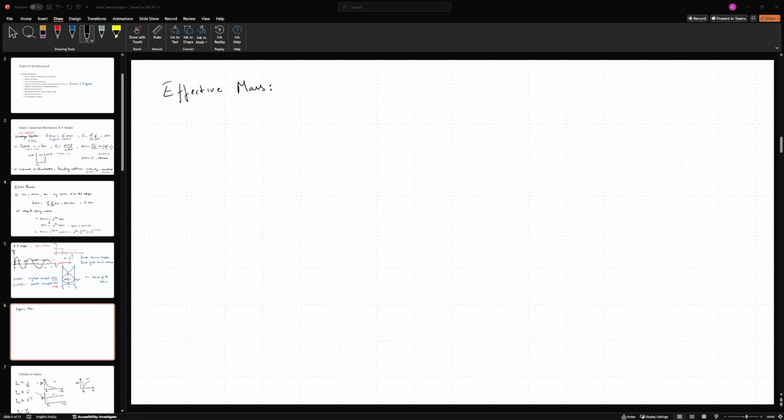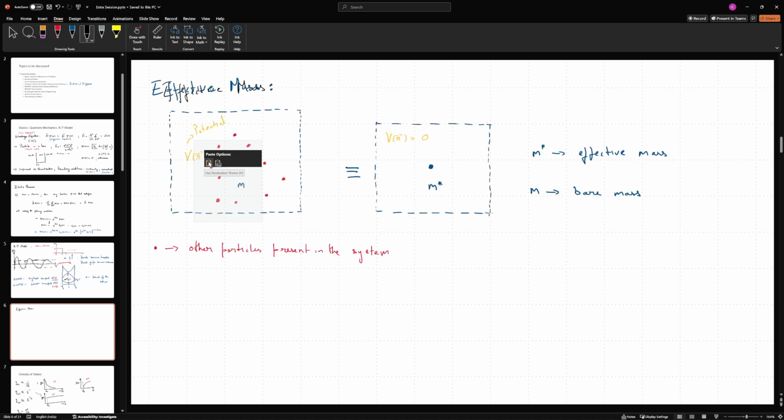Just give me 1 second. Yeah, so this is essentially what we do in the effective mass representation. I copied the effective mass title again. Okay, let me just remove this.